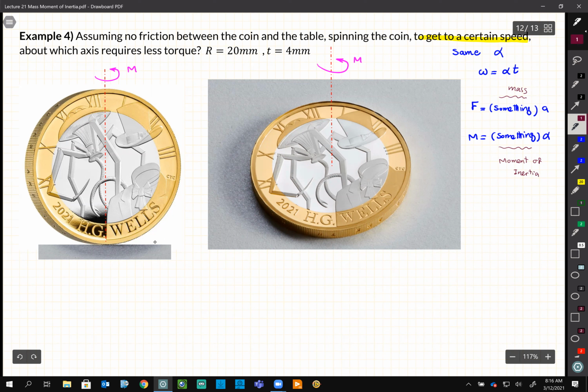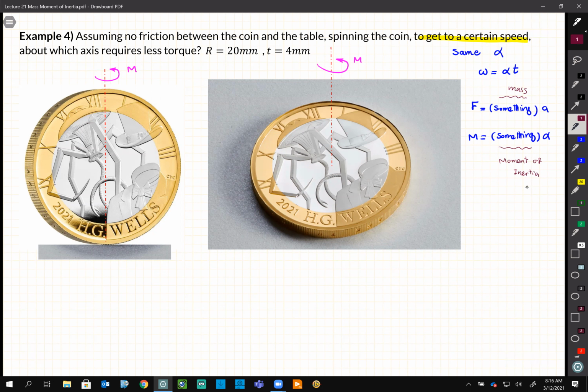So in the same manner, if we have a larger mass, it means it requires more force to move it. If we have a mass that has a larger moment of inertia, it requires bigger M. In this case, these two have the same mass, but because of the difference in geometry, one is flat, one is vertical, maybe they have a different moment of inertia, and we want to calculate that.